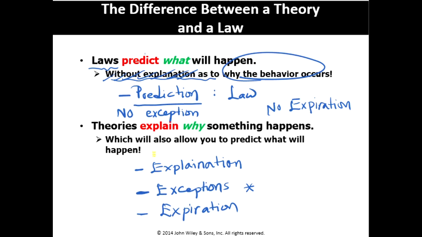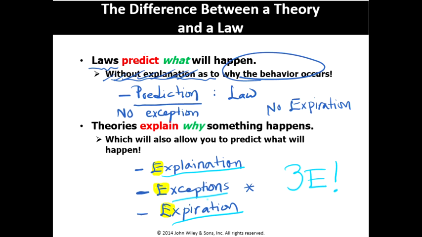I may ask you to find the difference between theory and laws in chemistry. Memorize these three for yourself. Triple E. Explanation, exceptions, and expiration for theories. And we don't have them for laws.